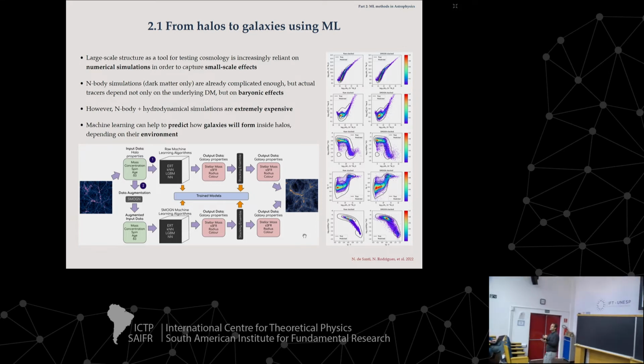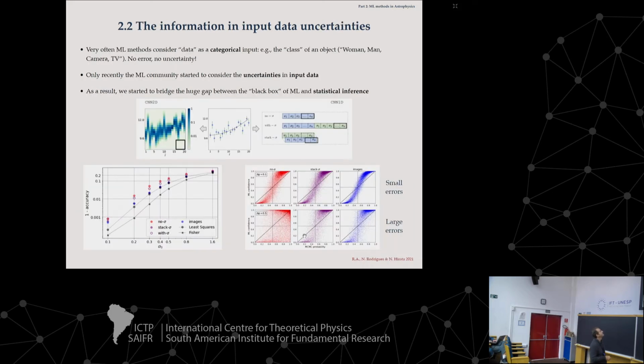You can kind of smooth out these things and introduce some error because of that. So this is a paper with my students Nathalie and Natalia that predict properties of the galaxy. The true properties are here in the contours, and the predicted properties are here on the color lines.